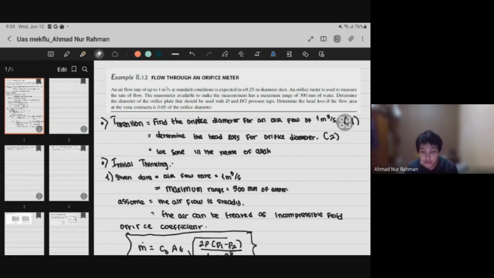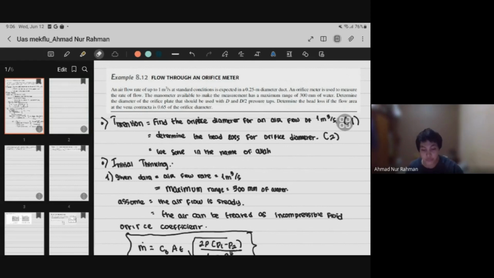An orifice meter is used to measure the rate of flow. The manometer available to make the measurement has a maximum range of 300 millimeter of water. Determine the diameter of the orifice plate that should be used with D and D/2 pressure taps. Determine the head loss if the flow area at the vena contracta is 0.65 of the orifice diameter.